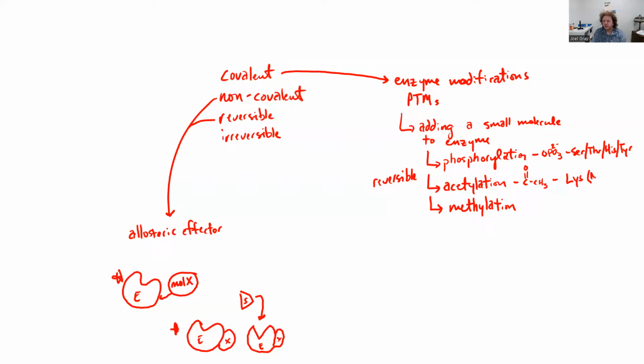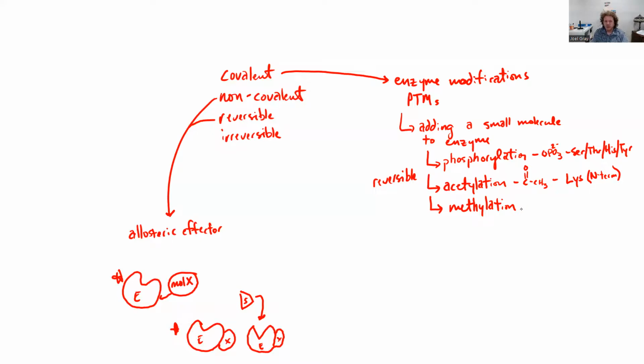So I'll just add in N term. In this case, you add an acetyl group to a positively charged amino acid like lysine, and basically take it from something that's positively charged to something that is effectively not going to have a charge and is considerably less polar.